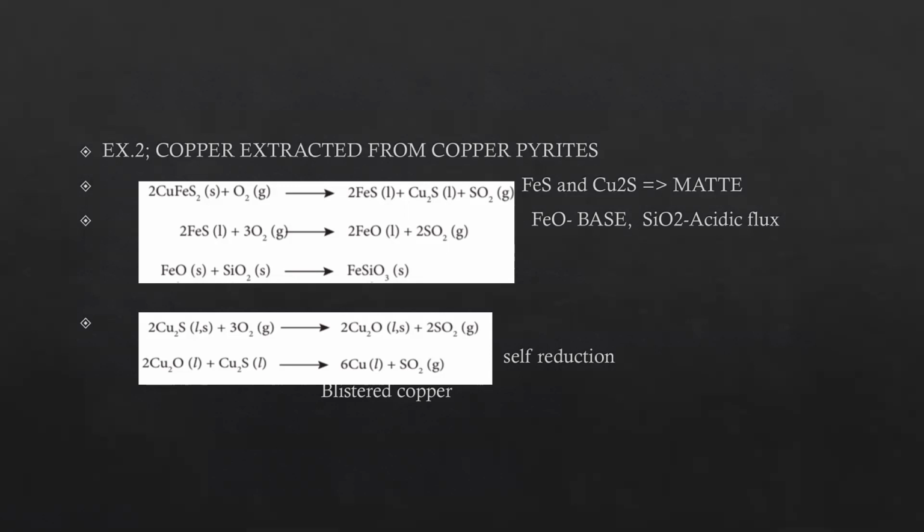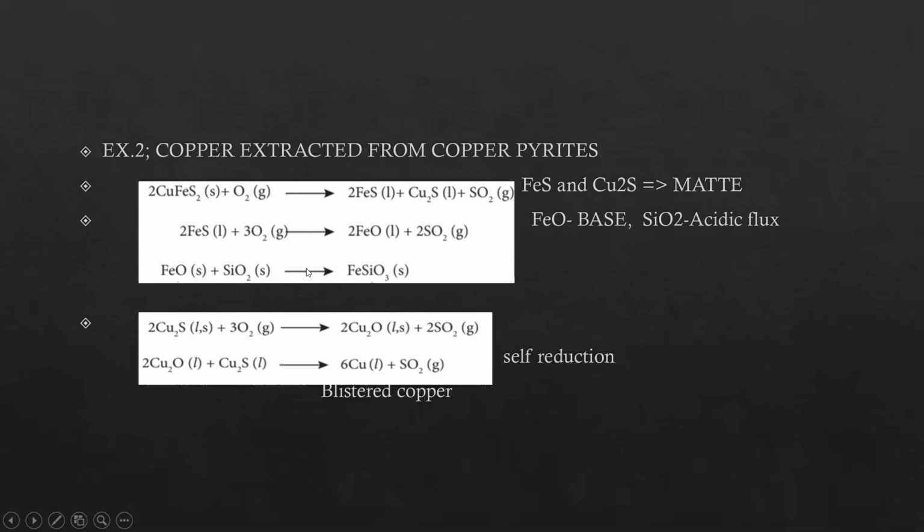The solid form of copper pyrite decomposes and changes into liquid form. So we get FeS, Cu2S and SO2. Again the product FeS reacts with oxygen and is changed into FeO. Here the sulfide form is changed into oxide form.